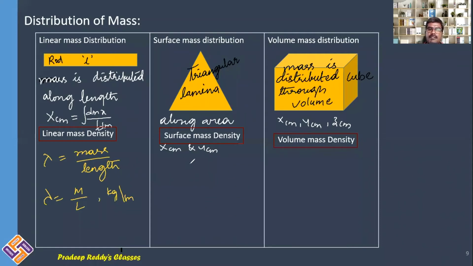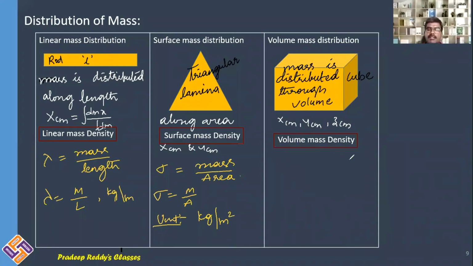Similarly, if mass is distributed along area, you call it surface mass density sigma, that is mass per unit area, which is sigma equal to capital M by A, and the unit of sigma is kg per meter square.